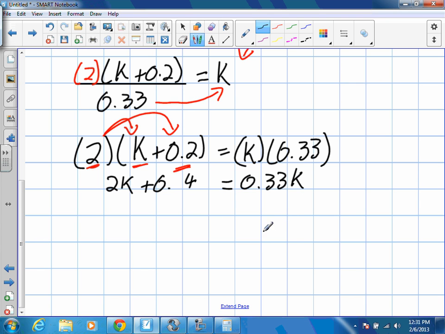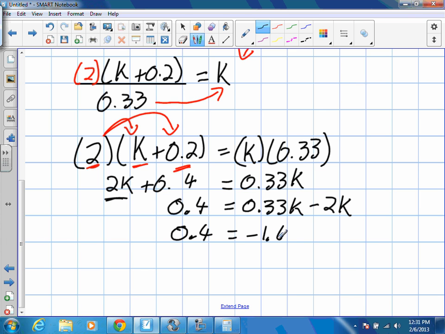I'm going to move this 2k to the other side. What's it going to become? It will, negative, good. Minus 2k. We're going to equate that. 0.4 is equal to 1.67. Is that right? Somebody use a calculator. Negative 1.67.